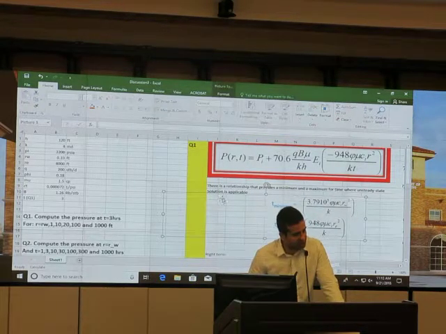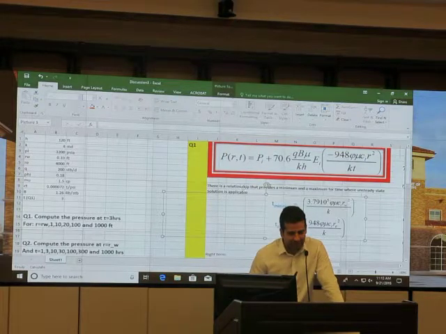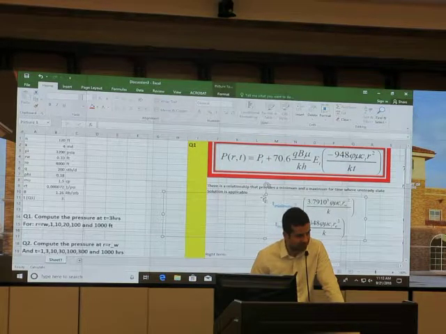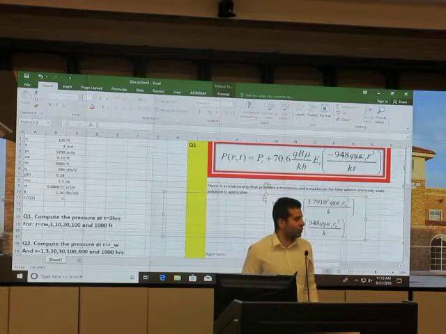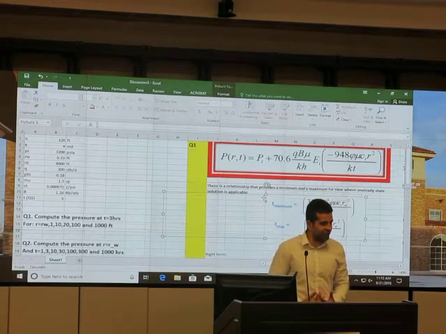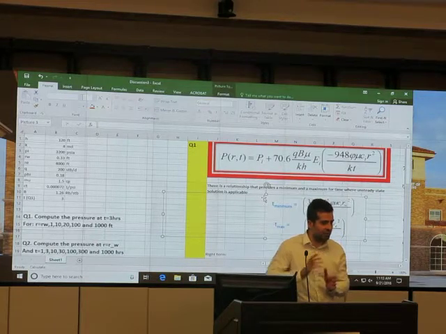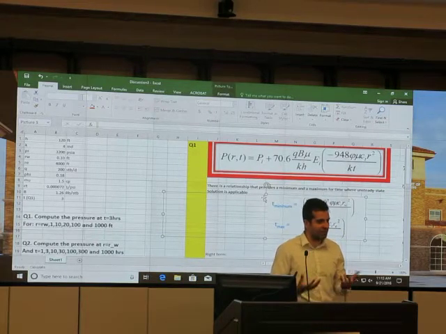I give you a relationship that this equation works in. There is a relationship that provides a minimum and maximum value for time where a steady state solution is applicable. I know that us engineers love to put everything into a black or white context.